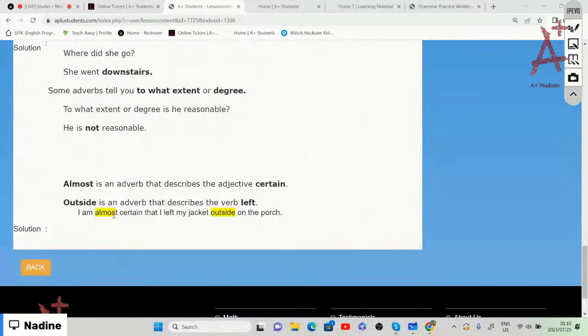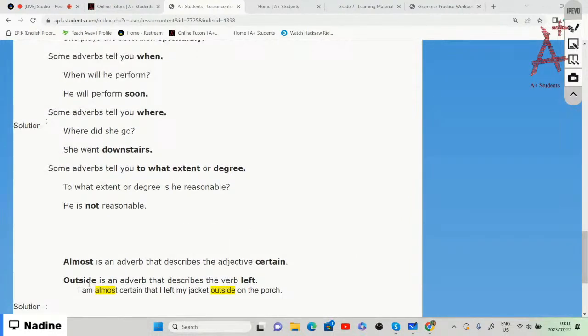All right. I am almost certain that I left my jacket outside on the porch. So we need to choose two of the adverbs within the sentence, and it's already highlighted for us, which is almost and outside, right?